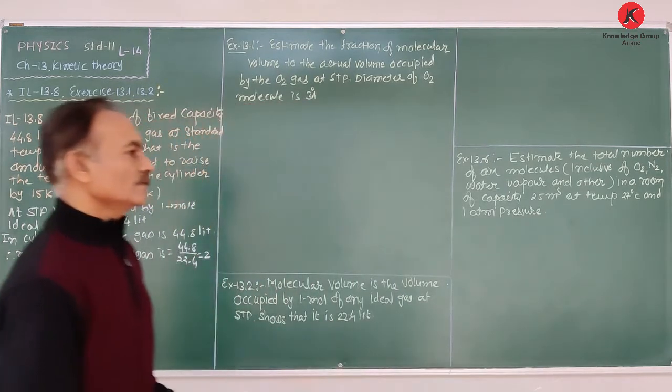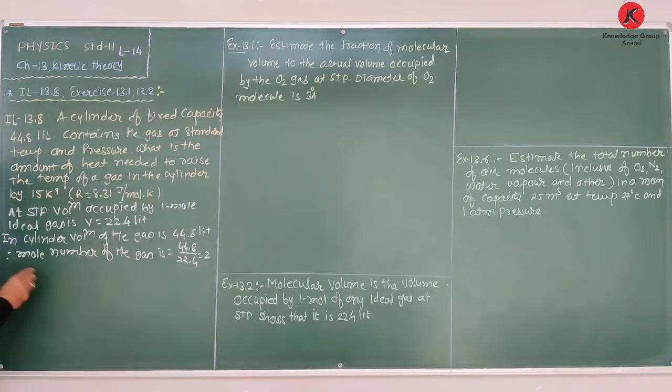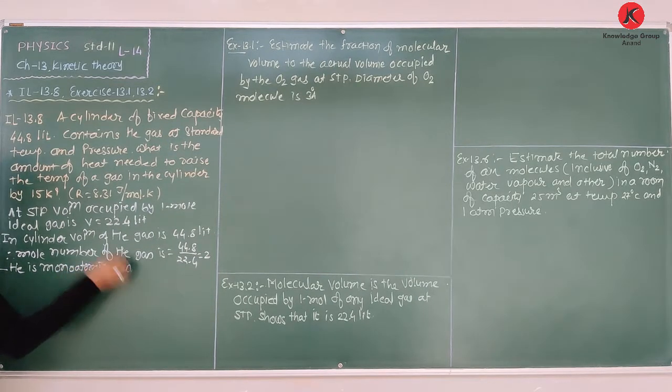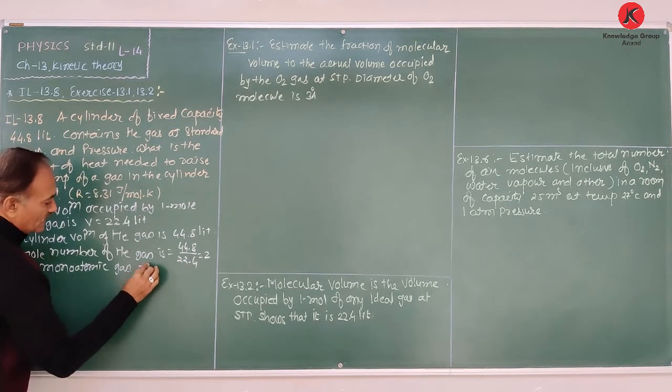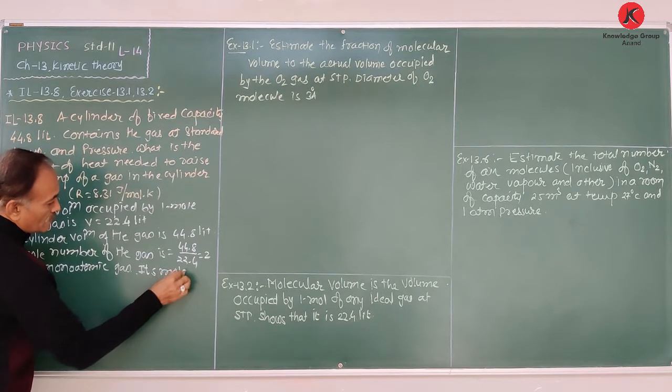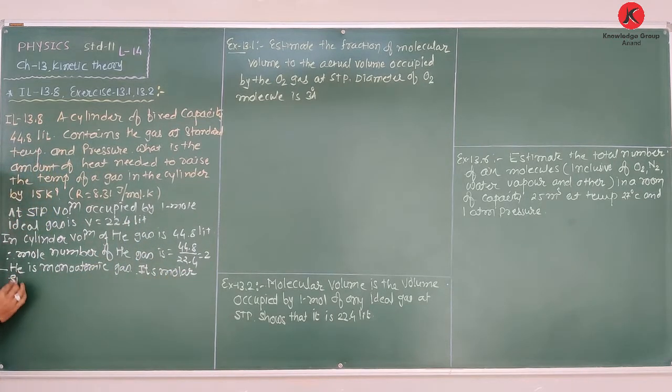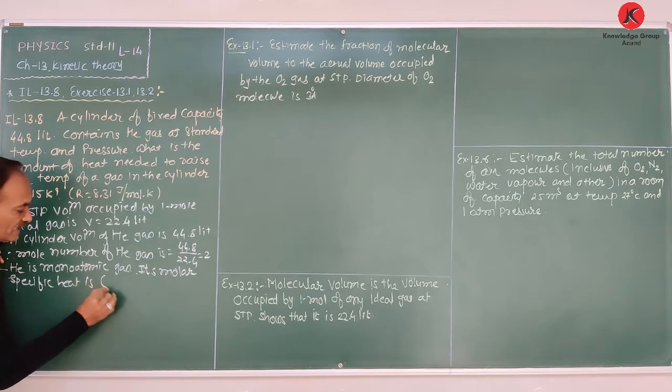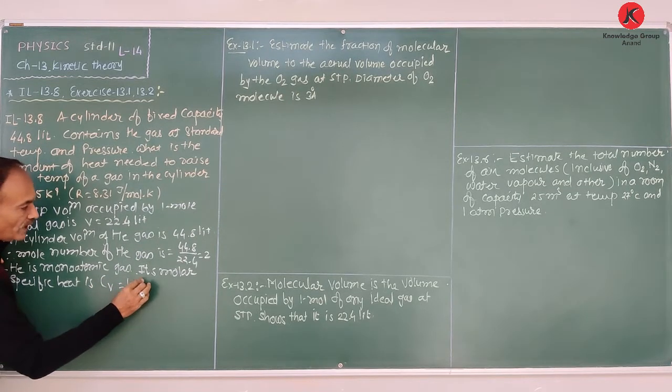Right? Therefore, first, helium is a monoatomic gas. So its molar specific heat is CV equal to 1.5 R.